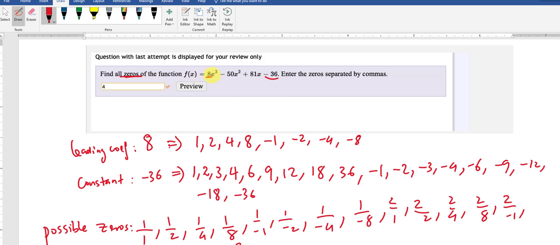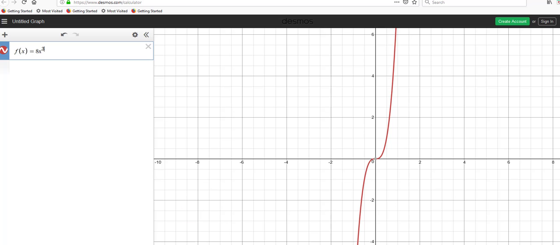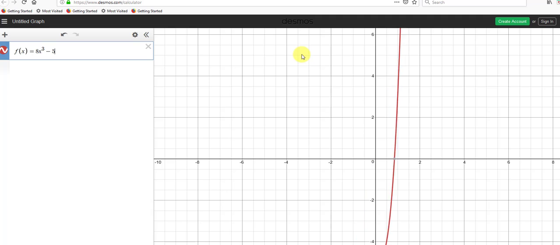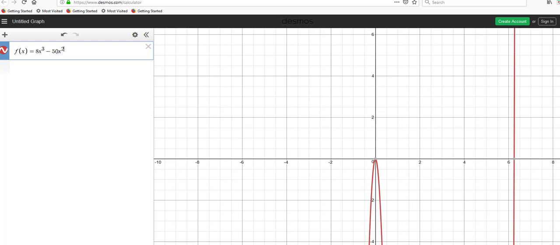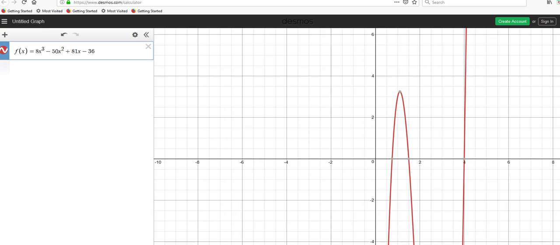This function is f of x equal ax to the third power minus 50x squared plus 81x and minus 36.